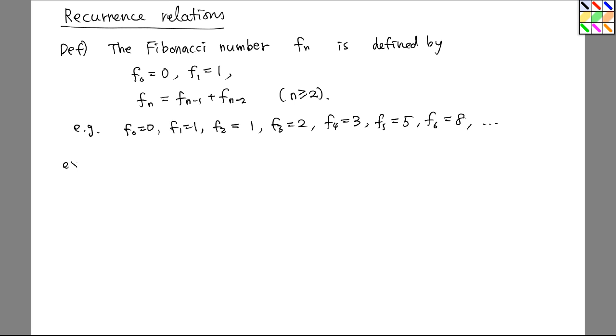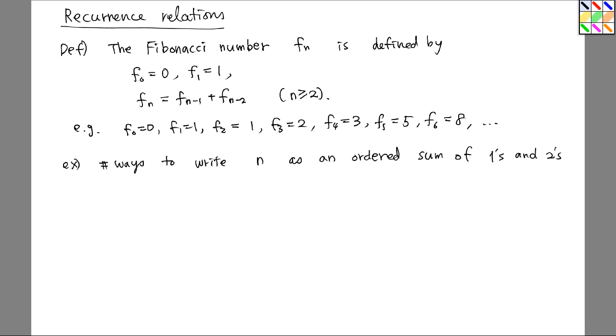So one of them is the following: the number of ways to write n as an ordered sum of ones and twos is equal to the Fibonacci number f of n plus 1 actually. So why?